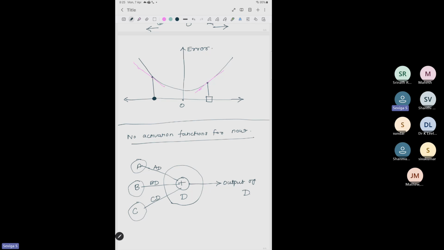The output of D is going to be AD into A naught plus BD into B naught plus CD into C naught, where A naught, B naught and C naught are the outputs of neurons A, B and C. Earlier we had a nonlinear activation function here, but now we understand there is no activation function.